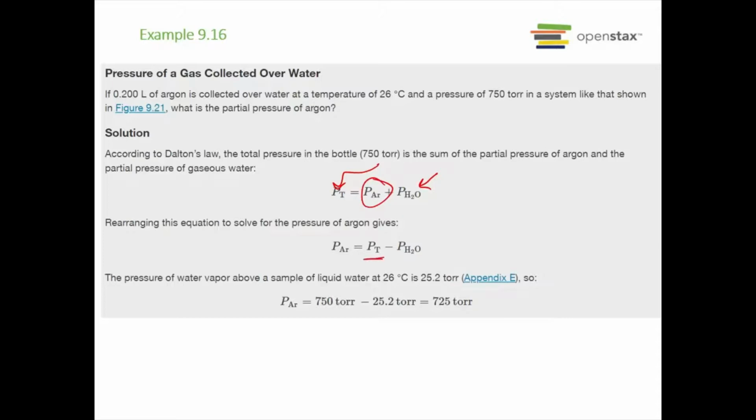The argon is going to be equal to the total pressure minus the partial pressure of the water. You look it up. Appendix E in your book also has a table. And so it's that 750 torr minus the vapor pressure, 25.2 torr, and you get 725 torr. Notice it's not that much of the pressure that you have from water vapor, but it's enough that it will skew your results if you don't account for it.